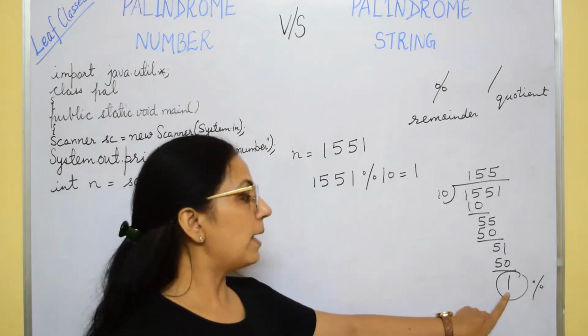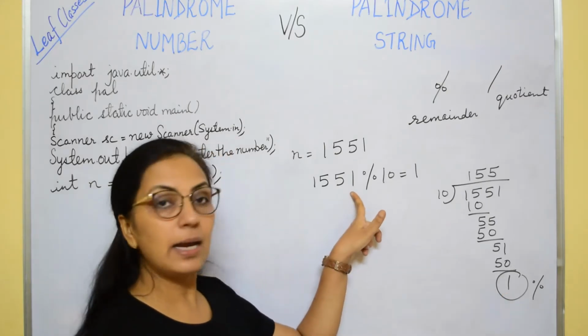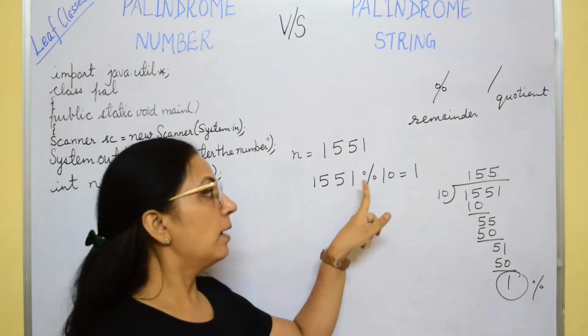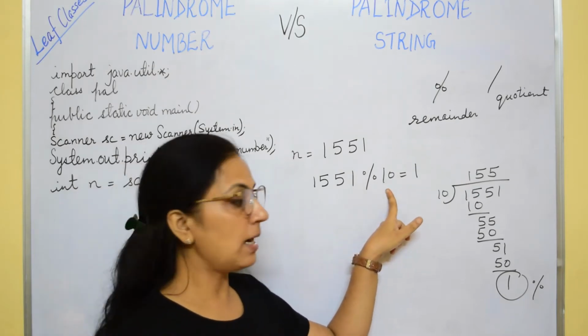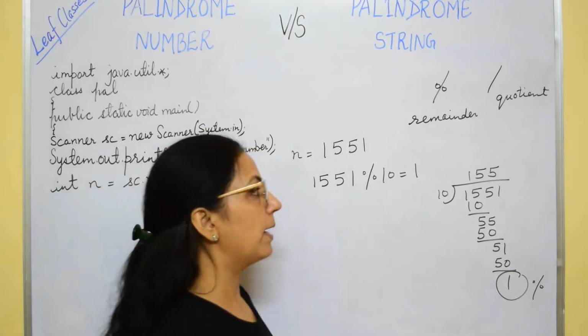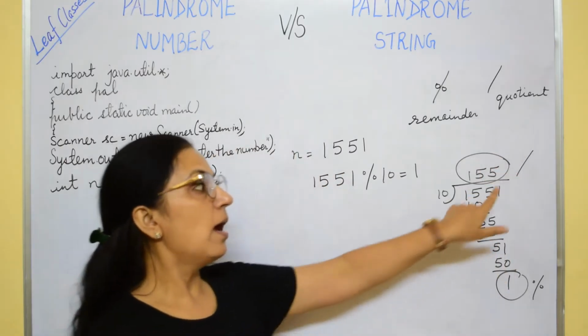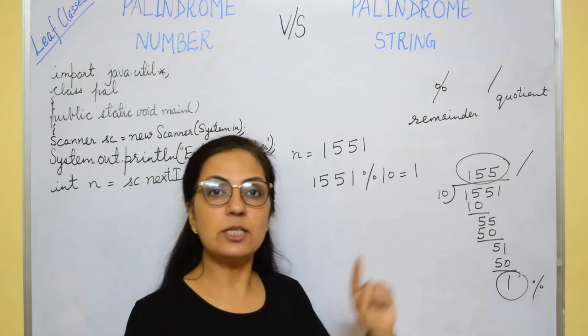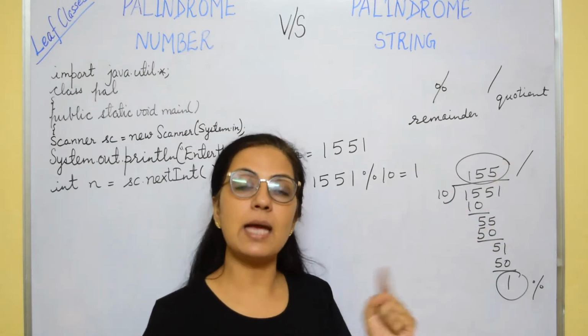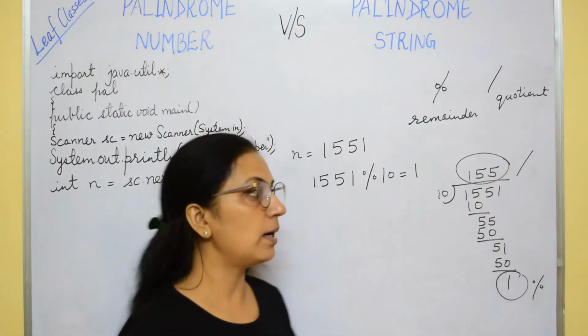So 1 is the remainder, that is the rightmost digit, when you divide any number by 10. And the quotient is what you get when you use the slash operator. The slash operator gives you the quotient and the modulus operator gives you the remainder.